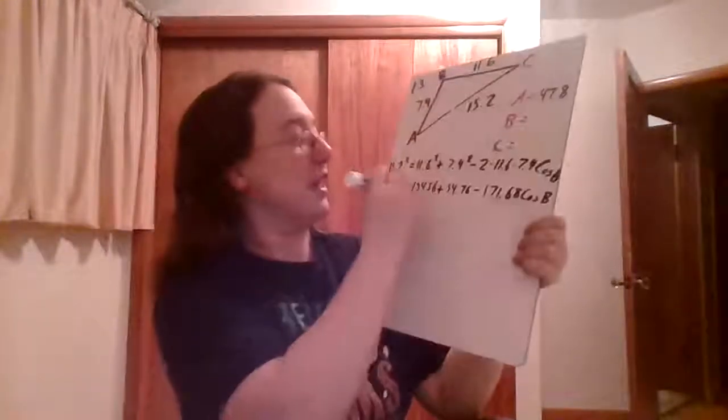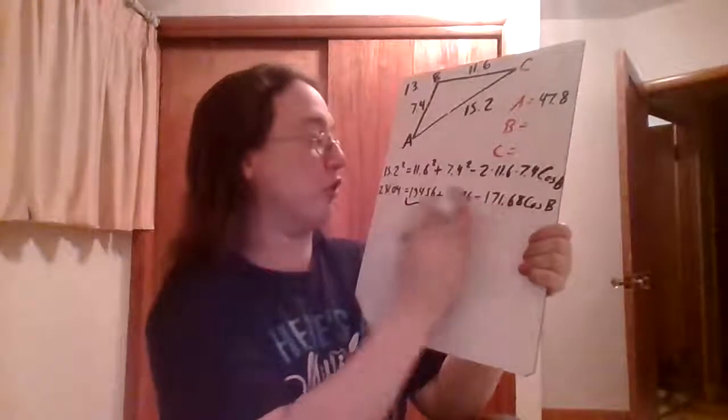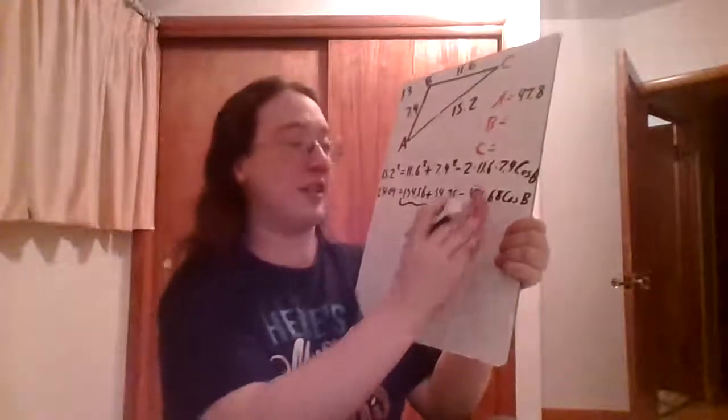Again, we're combining these two, but not combining it with this one. So we're adding these two and not subtracting that one, because that one has a cosine of B attached to it.